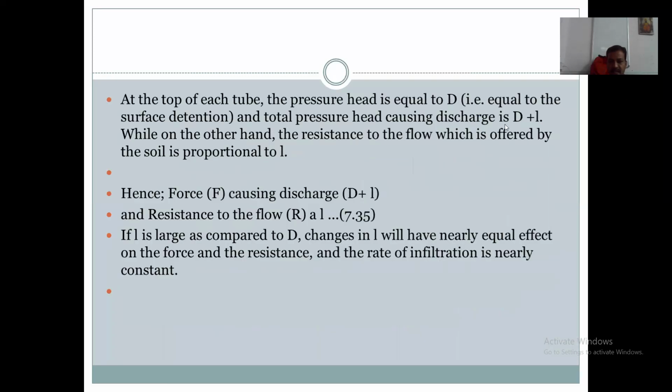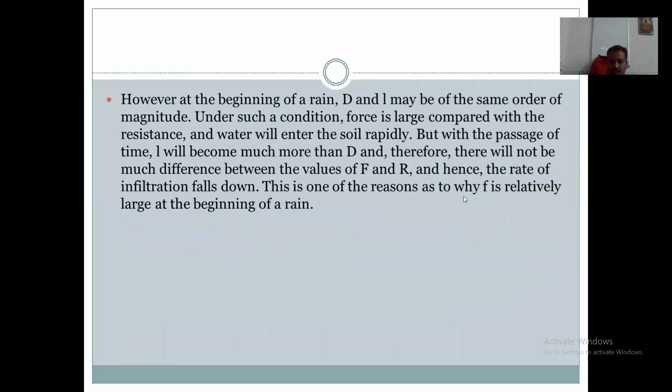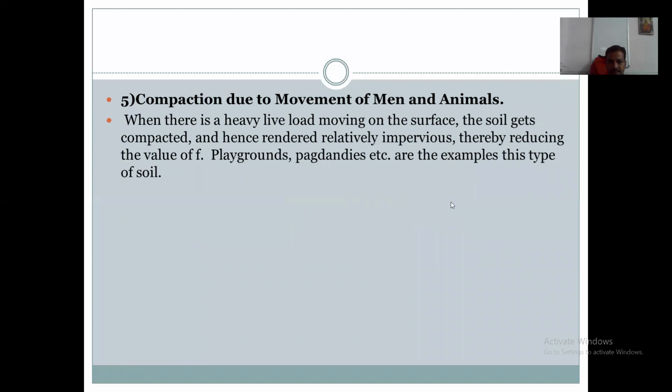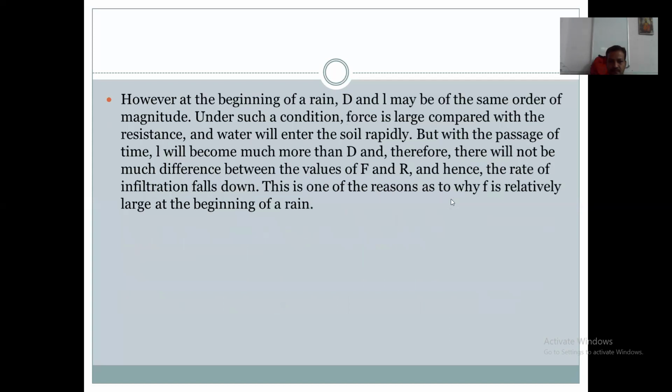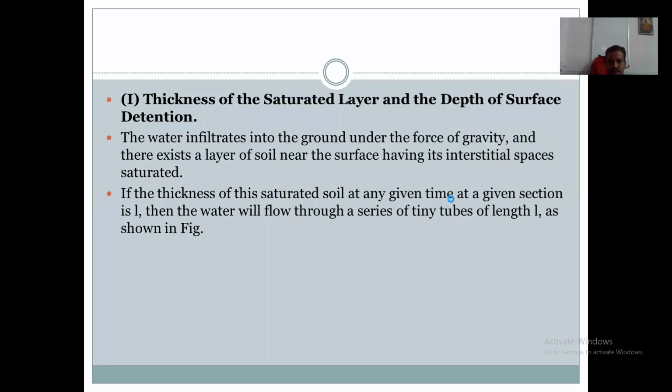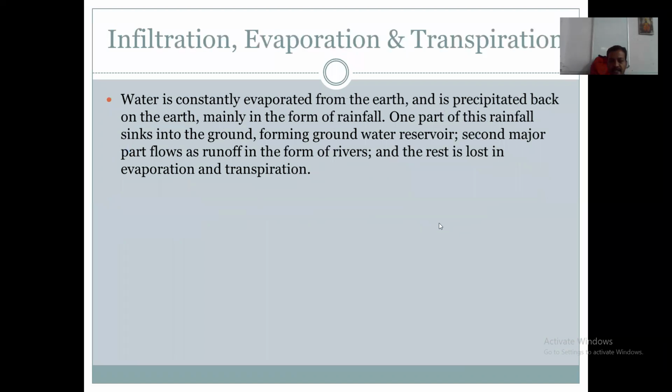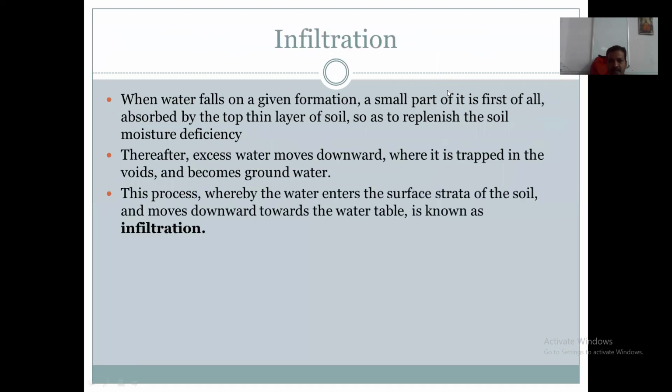In precipitation we have seen different types of curves and how to analyze that precipitation data. The next terms related to the hydrologic cycle are infiltration, evaporation and transpiration.